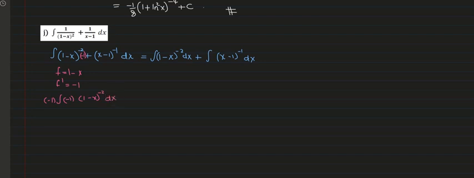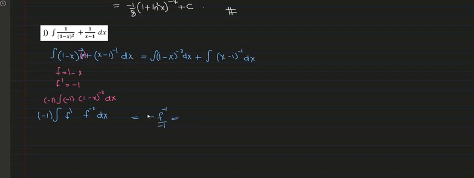Now we know that this integration is a function raised to the power of -2, and this is f dash, and we have an integral and -1 outside. So this is going to be negative, and now considering the power, it's not -1, so we will add 1, -2 plus 1, that's -1 over -1.